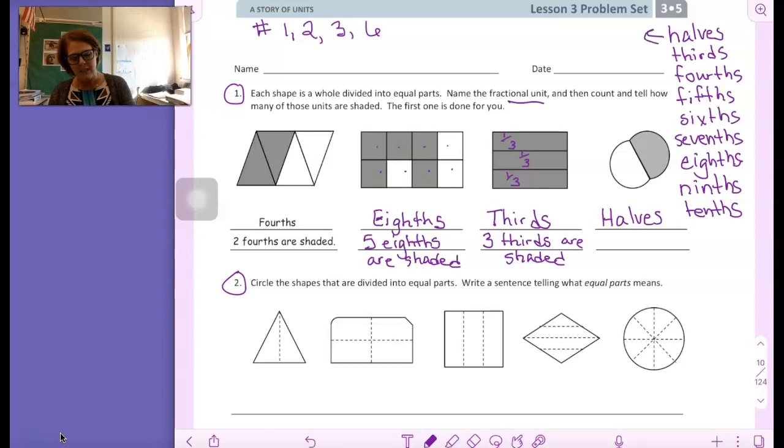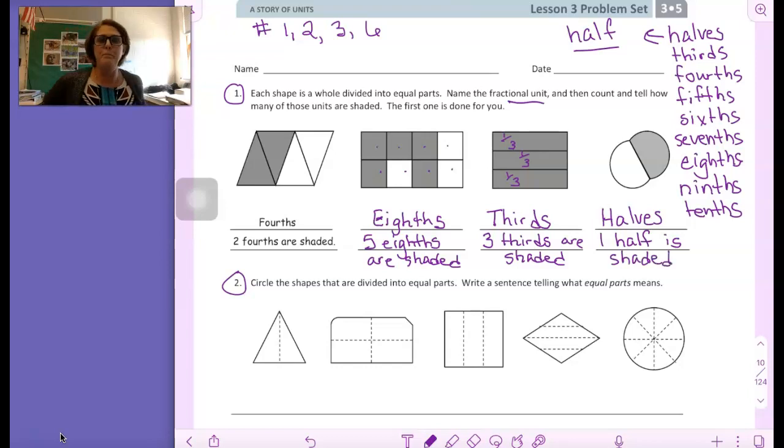And halves is the plural form of half. Remember our spelling rule? We change the F to a V like in knife and add ES. And 1/2, now it's singular, 1/2 is shaded. We use is when it's just 1. So make sure you have those all written down.